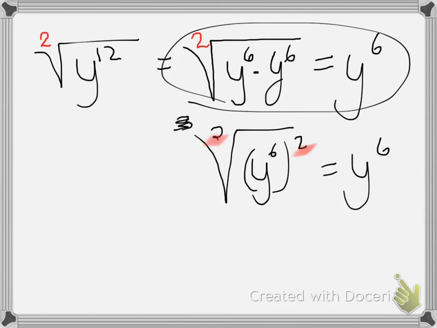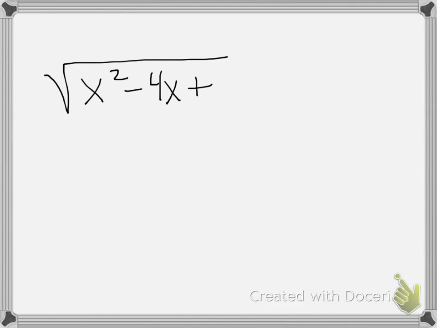So, what about bringing in last chapter? What if I have the square root of x squared minus 4x plus 4? Remember that the index is 2, but the textbook company won't write a 2 there. So you've got to think about what can I put in here?